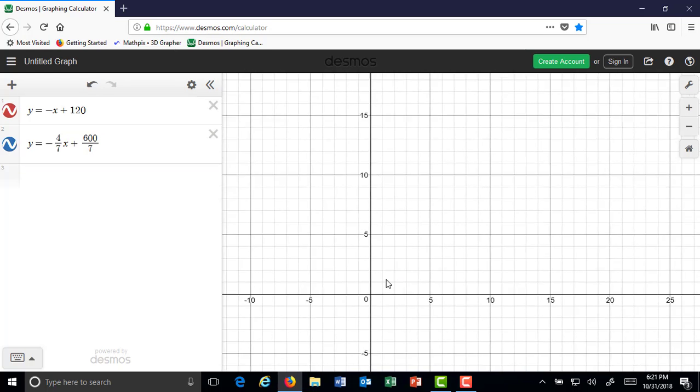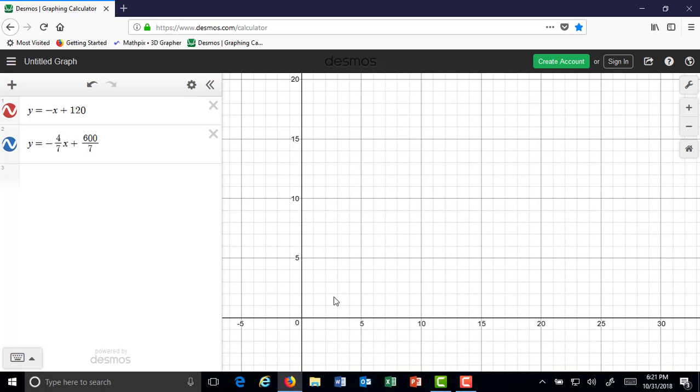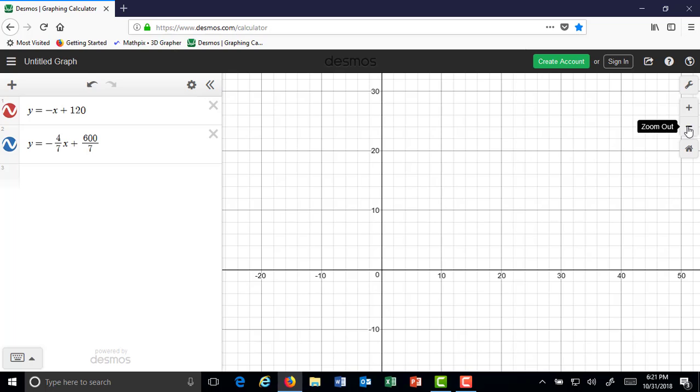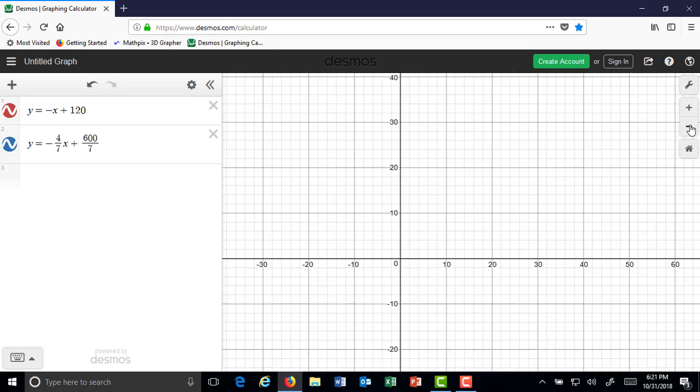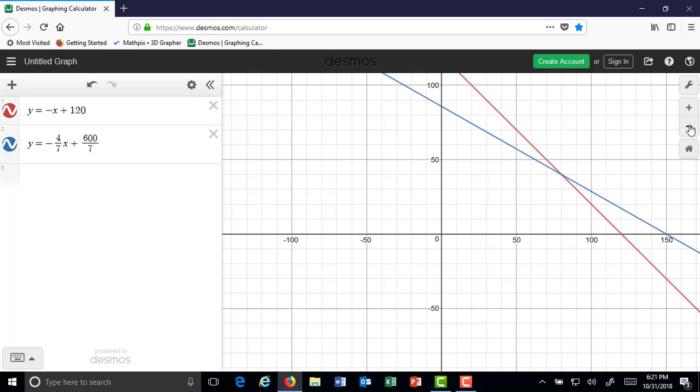I can drag it down. And let's zoom out. Oh, there. That's looking better. So now what we want to know is what's going on right here. That's what we had, right? Yeah. Wow, it's fascinating.